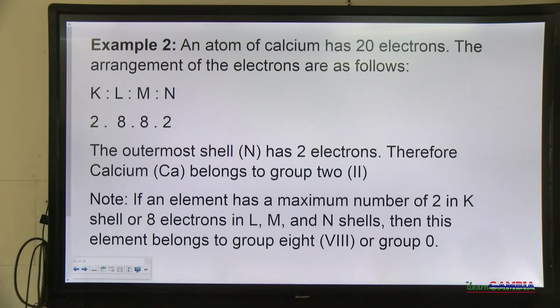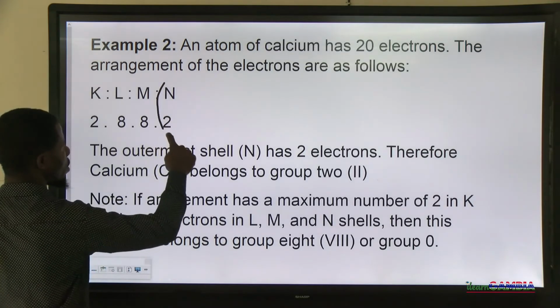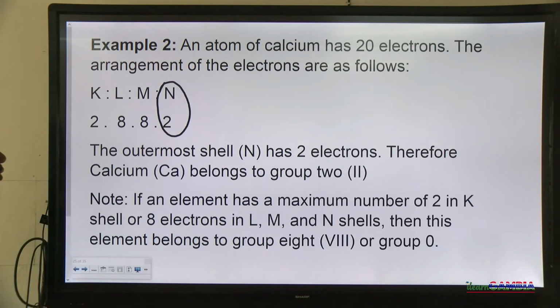The outermost shell, that is N, has 2 electrons. That is when we look at the last shell of the calcium atom, it has 2 electrons on its outermost shell. So therefore it belongs to group 2 in the periodic table.